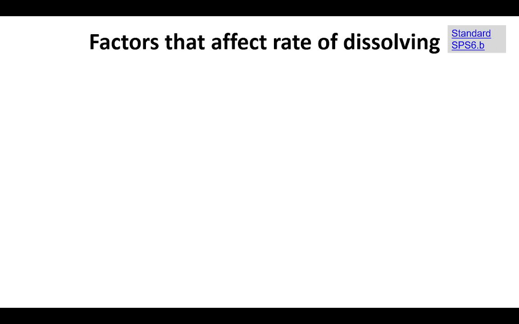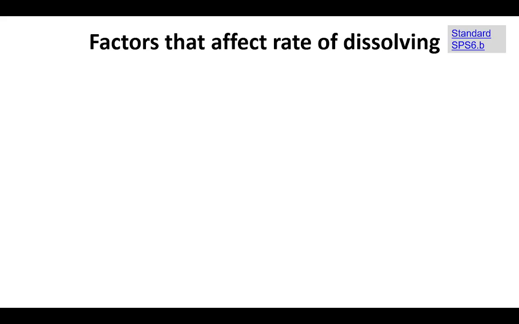So looking at the specific standard, I believe it's, that is not the right number, whatever. So what are some of the factors that affect the rate, or how fast something can dissolve into a solvent? So how fast can we make a solution? Well, it kind of depends on if my solute is a solid or a gas.